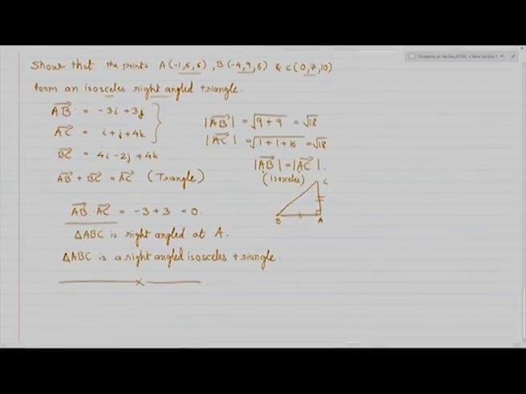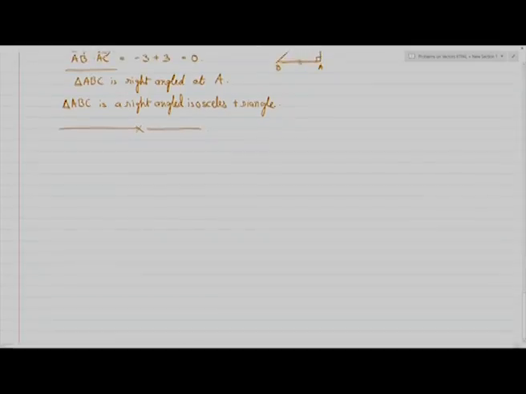Let us take another problem on vectors. So, here is a problem. If I have been given the magnitudes of 3 vectors, for example, magnitude of A is equal to 3, magnitude of B is equal to 1, and magnitude of C is equal to 4.